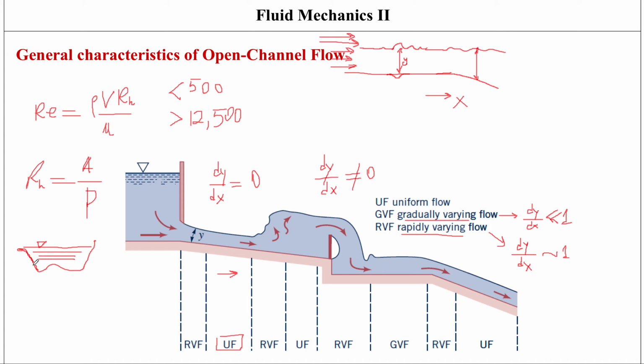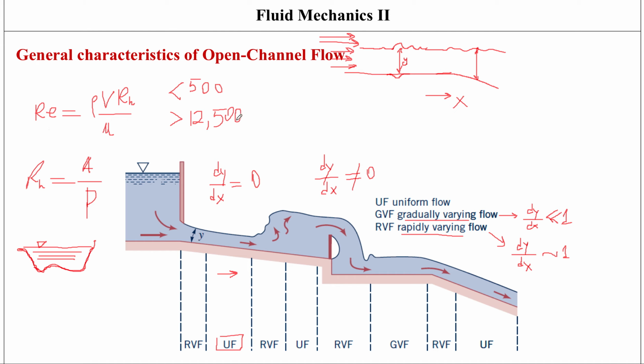We exclude the top side because the interaction between the fluid and the atmosphere is assumed to be negligible. So we don't include this portion of the perimeter in the definition of the wetted perimeter. That's how you evaluate the hydraulic radius to calculate the Reynolds number.